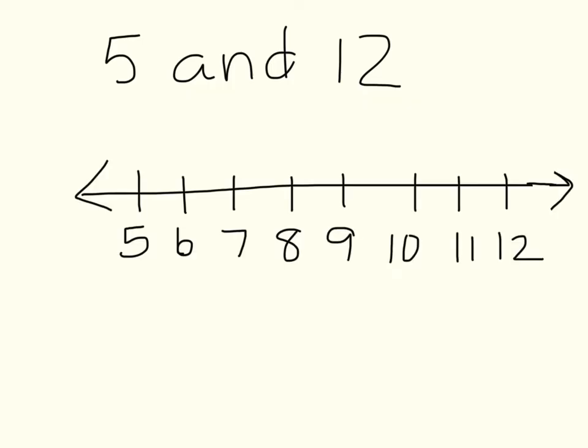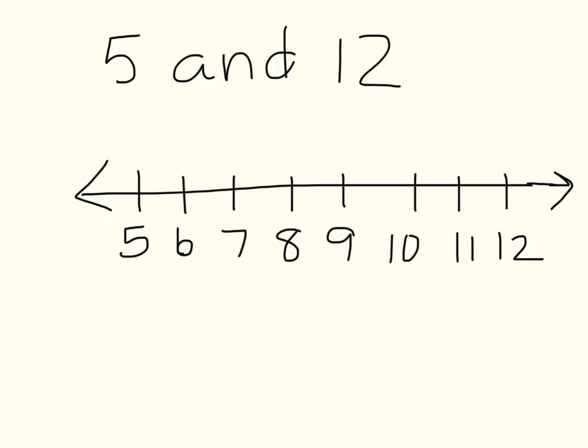Let's create a number line to represent a specific set of whole numbers. We're going to draw a horizontal number line that represents all whole numbers between 5 and 12. Here I've drawn a number line that includes all of our numbers from 5 to 12. The question asks us to represent whole numbers between 5 and 12.